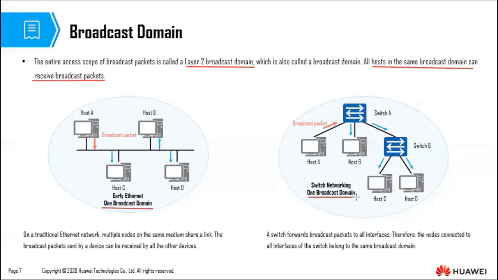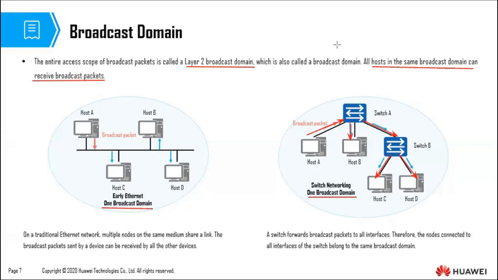How does it happen? If host A wants to send to host B, it will have to learn the MAC address of host B initially, and it will send an ARP broadcast packet. Now, how does the switch treat a broadcast packet? It's simply going to flood it, send it out through all other interfaces other than the interface that received it. Any other switch will do the same, so everyone is going to get that particular packet.